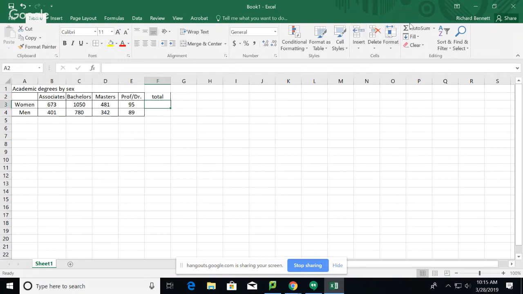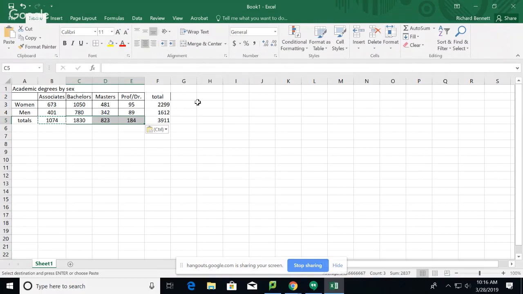So once again, we can add up the row. So we've got 2,299 women. I'm going to copy that and paste it on the next two lines. Okay. And we can also do the column totals. So I'm going to add up the associate's degrees. I'll center it because I think it looks better. And we will copy that to the others, okay?